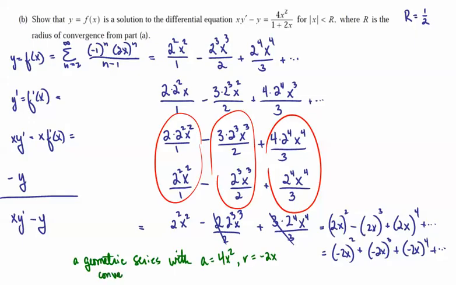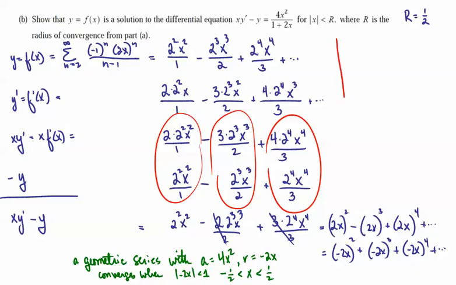And it converges when the absolute value of negative 2x is less than 1, or x between negative 1/2 and positive 1/2, which gives us the same radius of convergence as we found above.